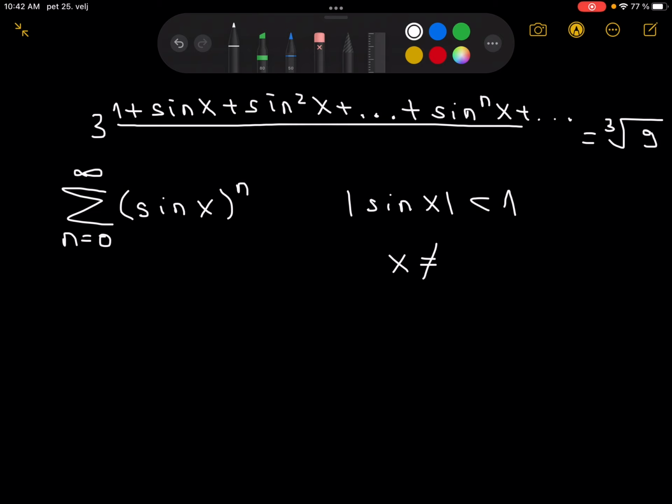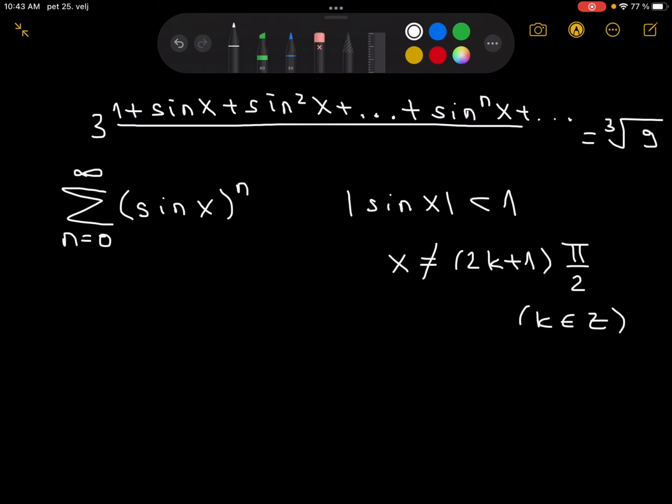So x must be different than (2k plus 1) times pi over 2, where k is an integer. Why?